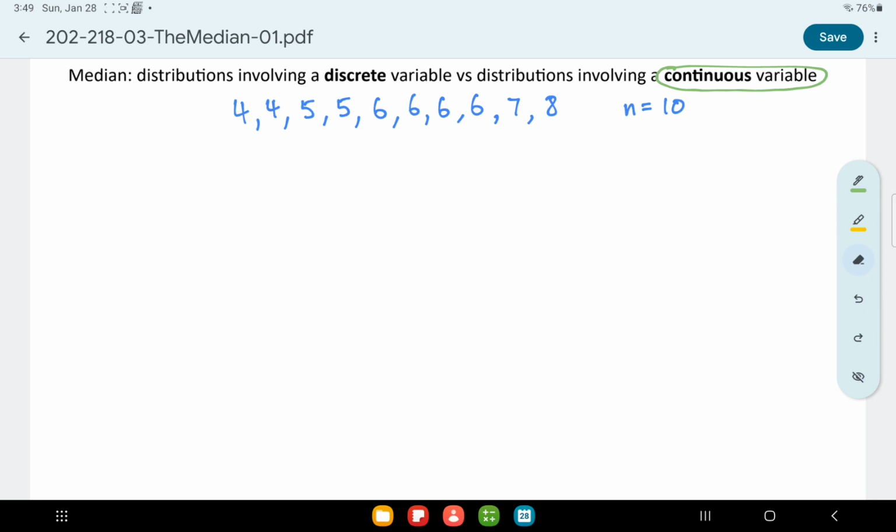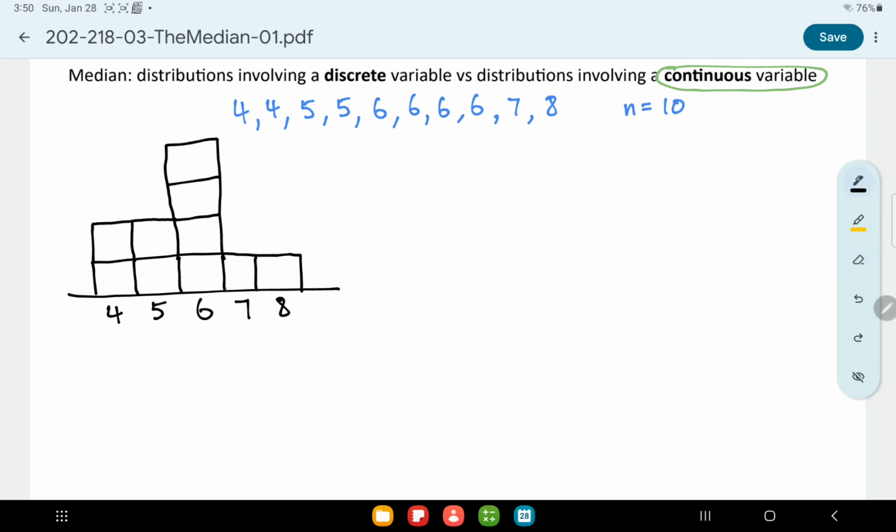Now, see if you can visualize the numbers using a graph, okay? Using a histogram. Let me show you what it looks like. Here we're using a histogram to describe the distribution as we've laid out.